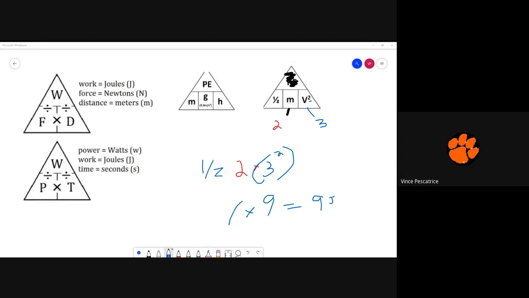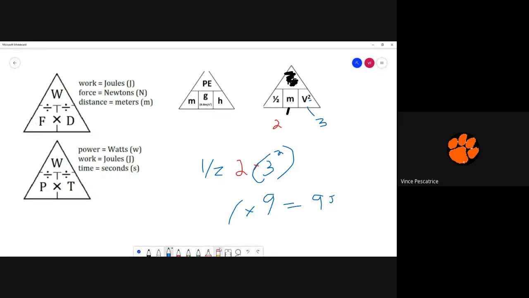Number 12, we had some problems with it too. A hydraulic lift used in an automotive repair shop can lift a 100-kilogram car 2 meters off the ground. What is the potential energy? If we're doing potential energy now, the question asks, what is the potential energy?